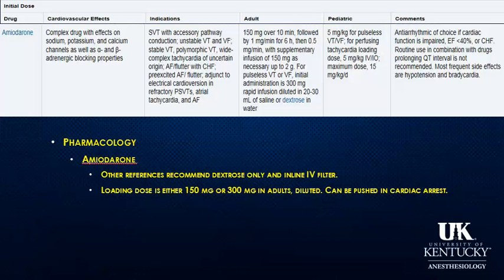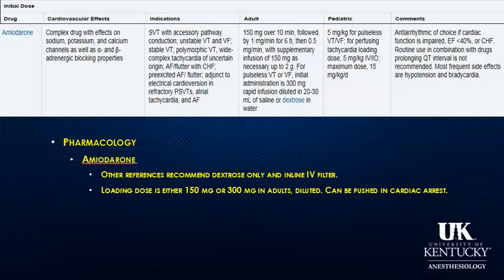The dose is 150 milligrams over 10 minutes, followed by 1 milligram per minute for 6 hours, then 0.5 milligrams per minute. However, in the case of pulseless VT or VF, the initial dose is 300 milligrams diluted in 20 to 30 mils of saline or dextrose.